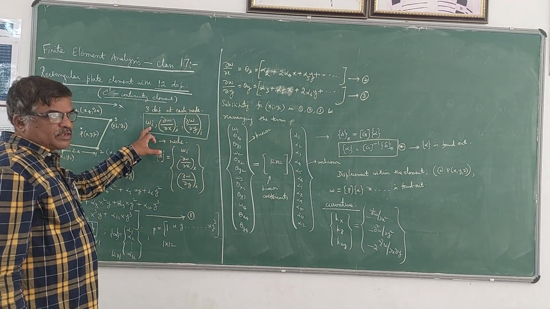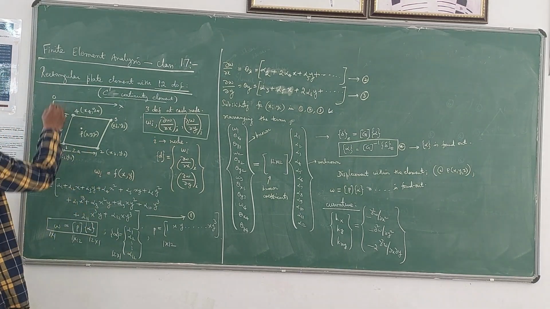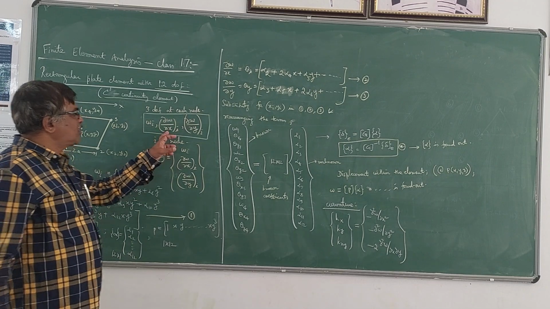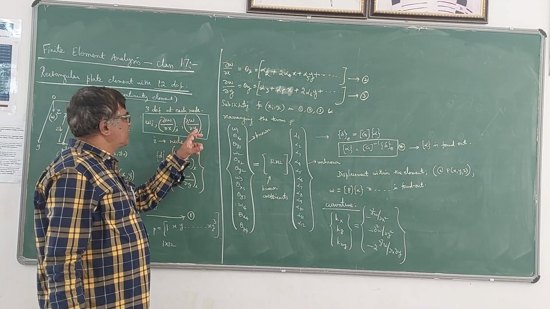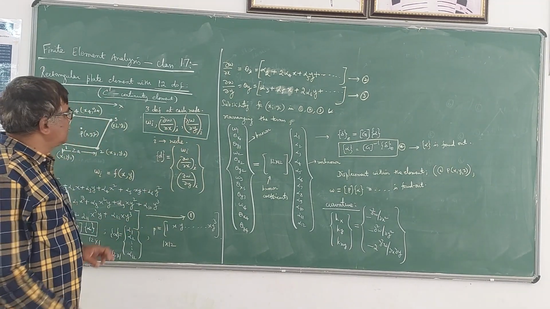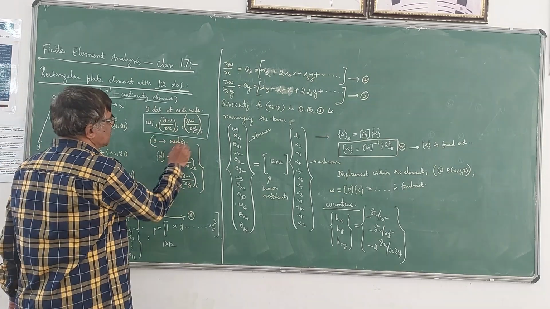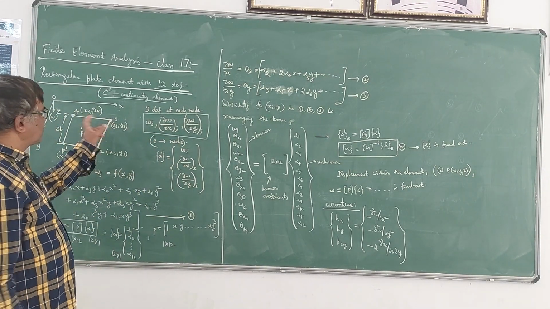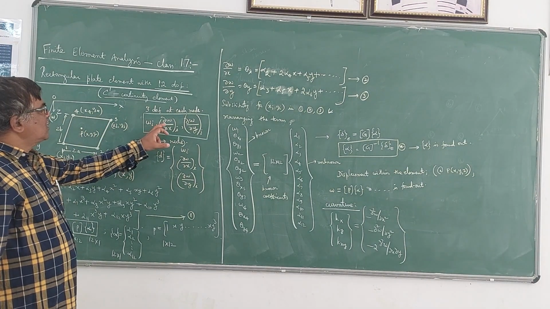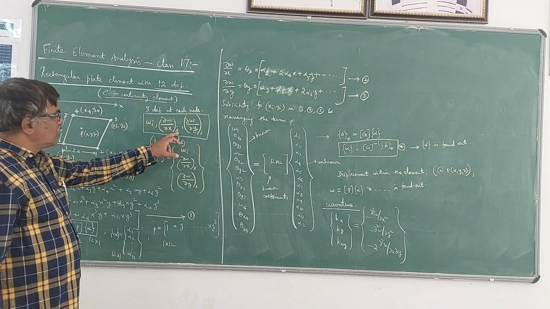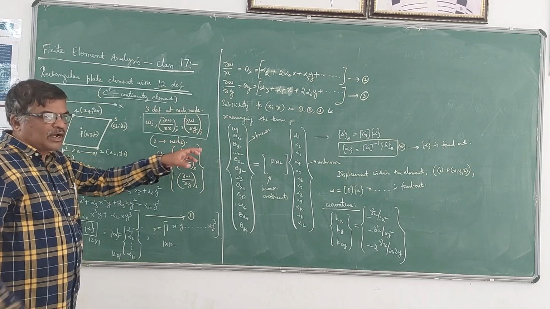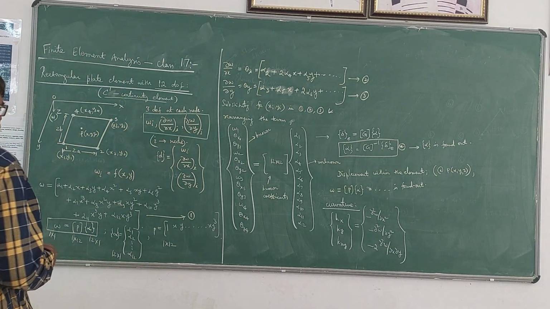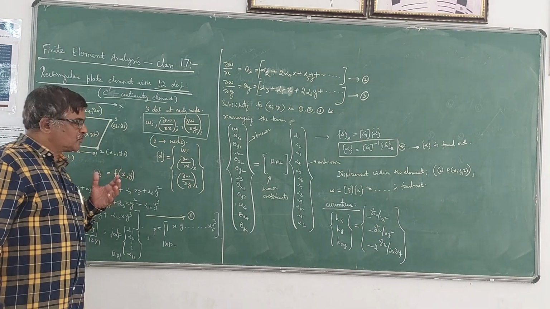W is the displacement in z direction, and derivative of W with respect to x and derivative of W with respect to y at different nodes, where i stands for the node. If you put i equal to 1, 2, 3, 4, there are 4 nodes here. W1, dou W by dou x at 1, dou W by dou y at 1, like that we can have 12 degrees of freedom, 12 unknowns to solve.